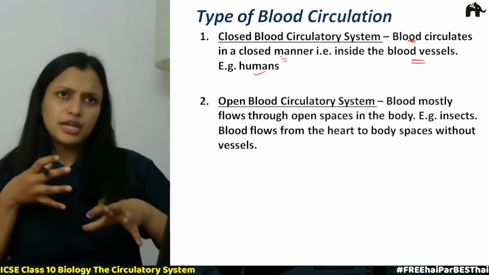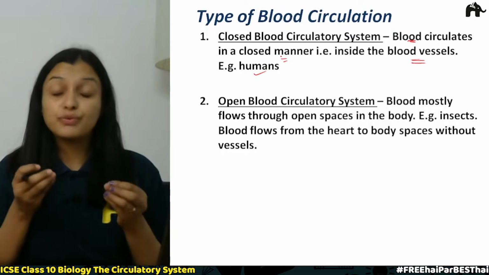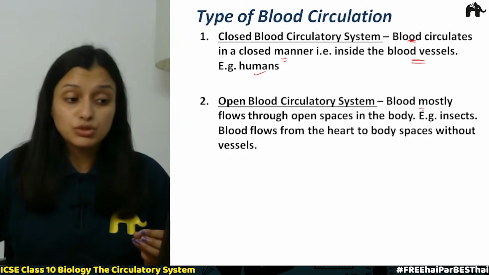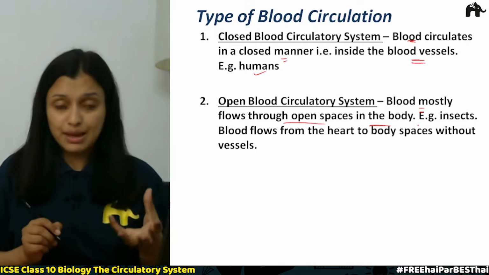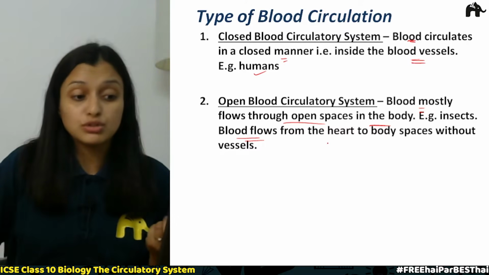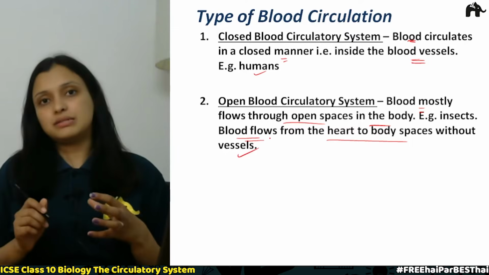But if we observe the blood circulation in certain insects, we will see that the blood mostly flows through the open spaces in the body. For example, insects. So the blood flows from the heart to body spaces without blood vessels, right?